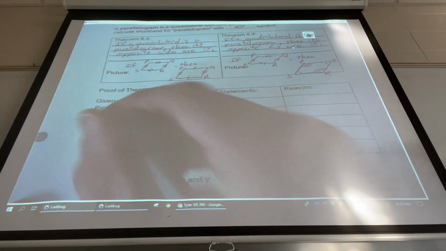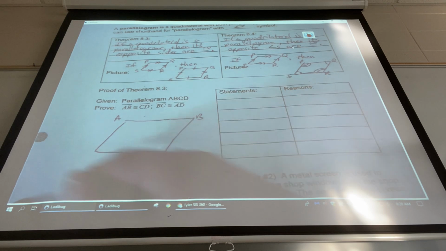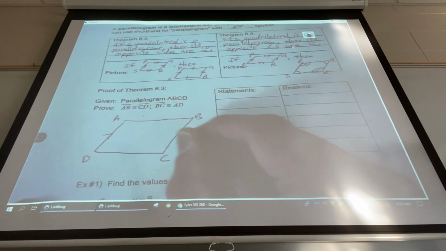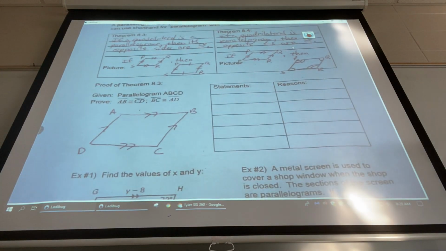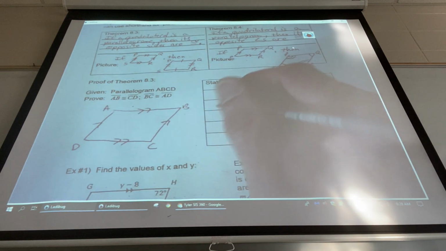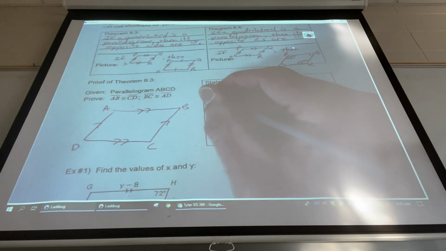And it's parallelogram A, B, C, D. Draw some arrows on there so that we know it's a parallelogram. That's what we start with. And yeah, then we always start with the given. So up here for our reasons, just write down that we got a parallelogram, right?